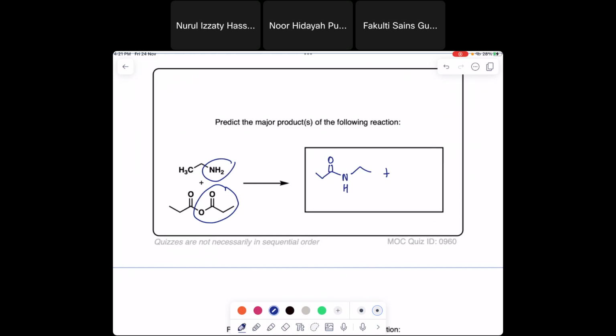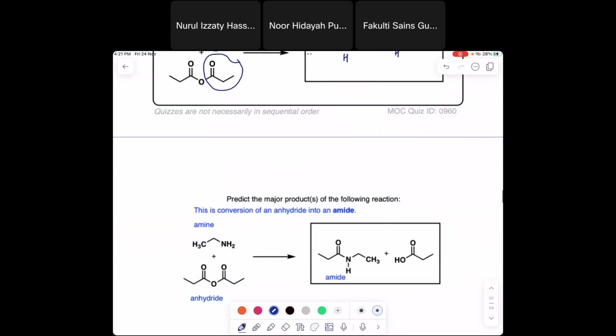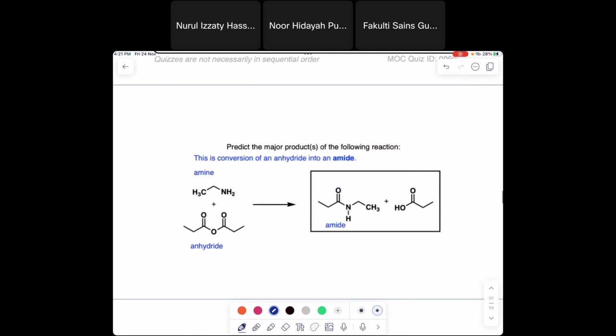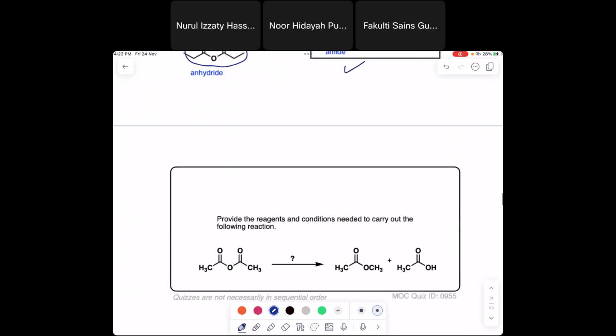Sorry, I lukis tu salah. Ya, sama lah kan. So this is the conversion of anhydride to amide. Okay, we dapat this reaction.